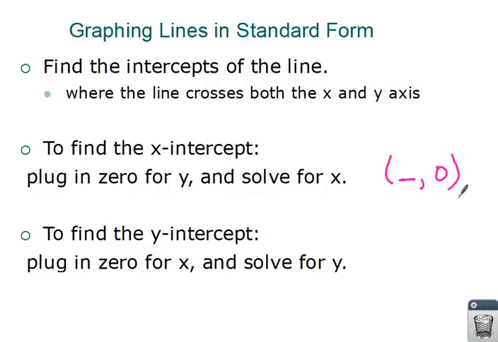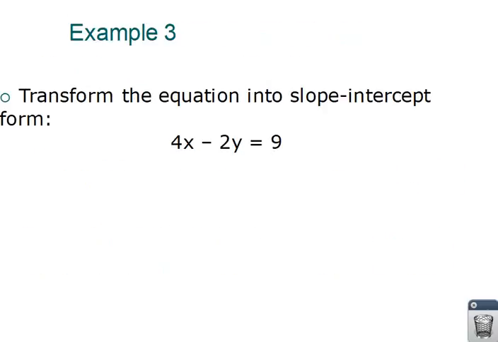And that's your x-intercept. And then to find the y-intercept, you're going to plug in 0 for x and solve for y. So you'll have some point that's 0, some number. And that's your y-intercept. Okay, and you can use those 2 points to graph your line because you have 2 points and 2 points make a line. We have a postulate for that.